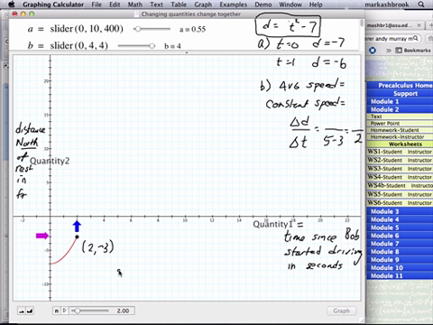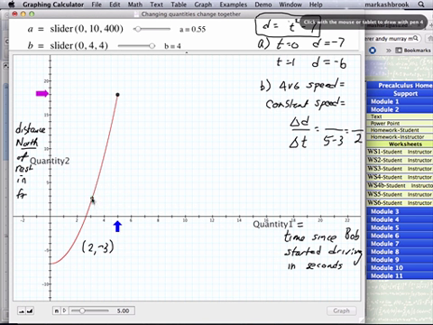Okay, that's what that means. So what we really want is the distance traveled at 3 seconds, and we need the distance traveled at 5 seconds.